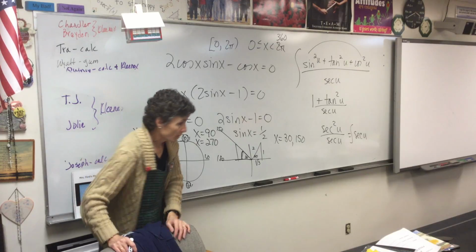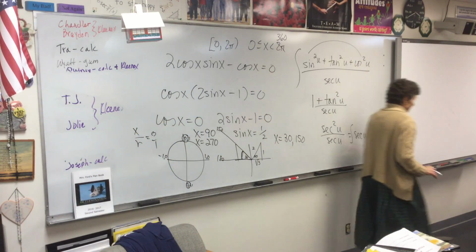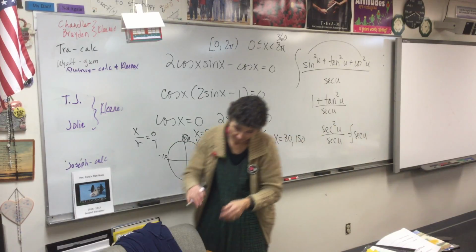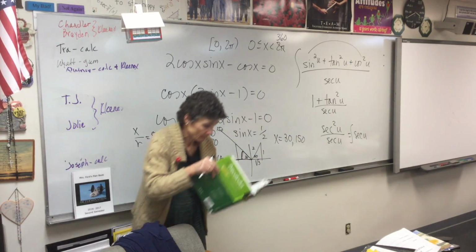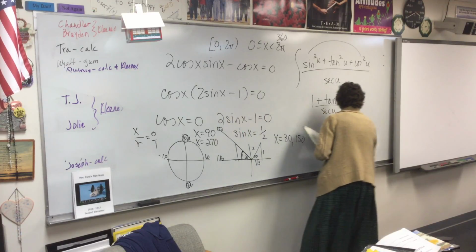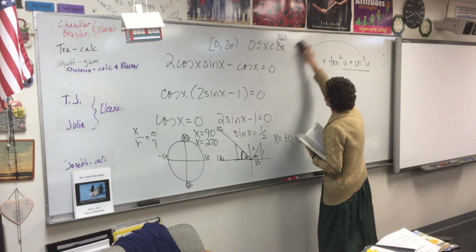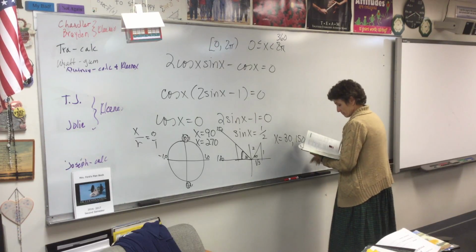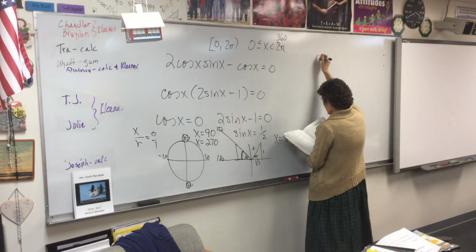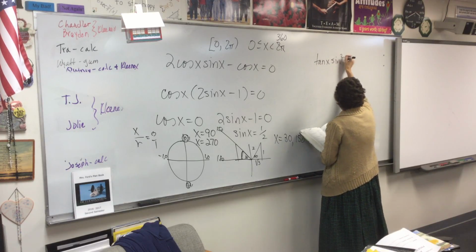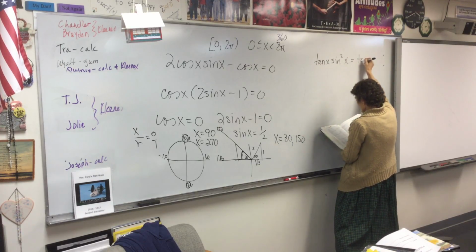All right, I'm going to start one more for you. We may not get it finished. But let's go ahead and do 53. Oh, Lord, this looks scary. It says tan times sine squared equals tan.